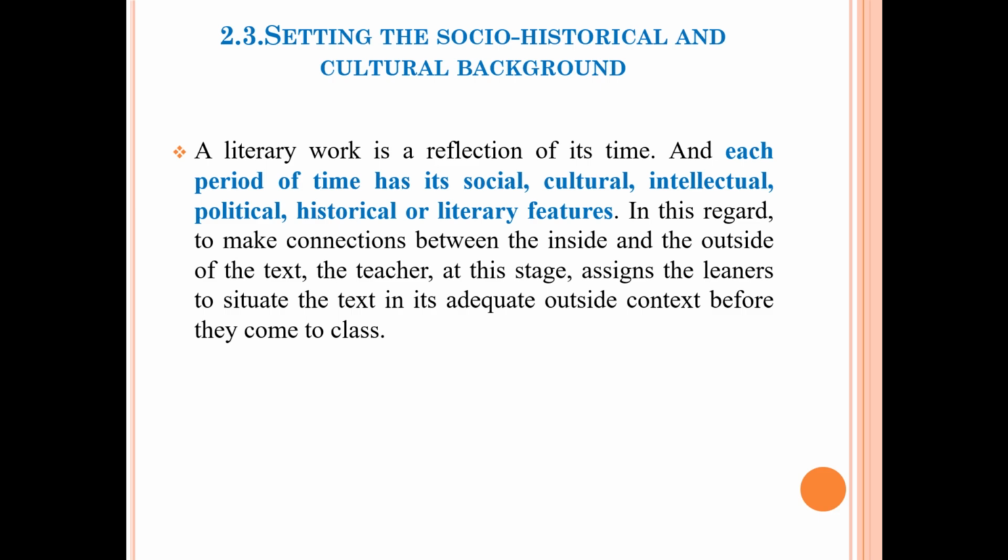A literary work is a reflection of its time, and each period has its social, cultural, intellectual, political, historical, or literary features. In this regard, to make connections between the inside and the outside of the text, the teacher at this stage assigns the learners to situate the text in its adequate outside context before they come to class.